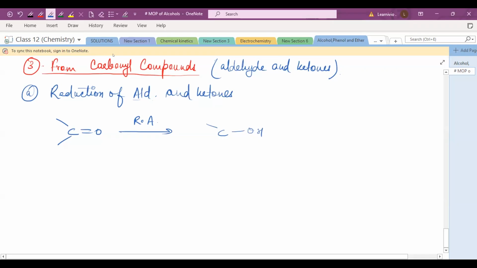What is reduction, Ahil? What is oxidation and reduction? आप simple reduction बताओ. What do you mean by reduction? Loss of hydrogen. Yes. Loss of hydrogen is reduction.